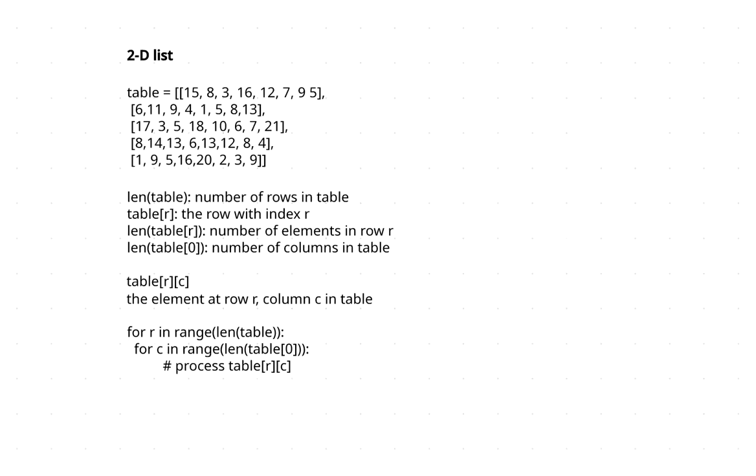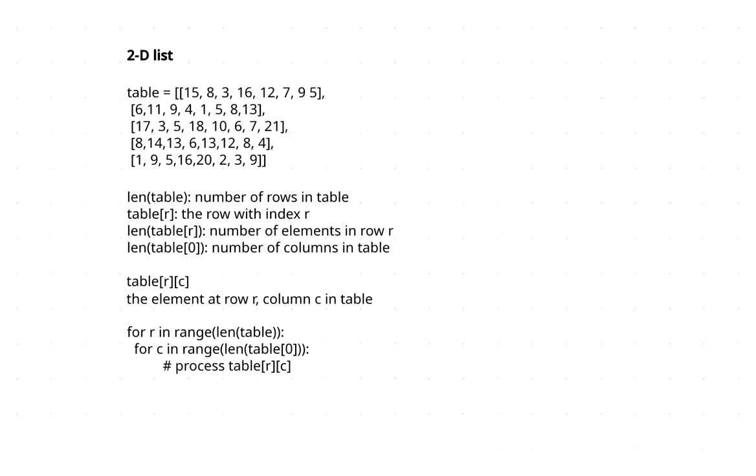Notice that, unlike table bracket R bracket C above, the order of R and C here doesn't really matter. We can put C first, which is C in the outer loop and R in the inner loop. However, this doesn't mean you can simply exchange R and C in the example I gave you.